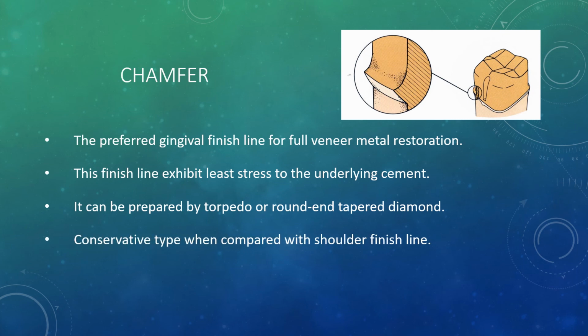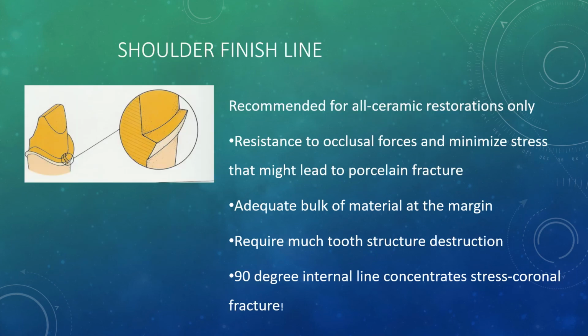It is a more conservative type when compared to a shoulder finish line, whereas in a shoulder finish line there is increased stress concentration. So this is your shoulder finish line. It is recommended only for all ceramic restorations, and this finish line has resistance to occlusal forces and minimizes the stress in certain areas.